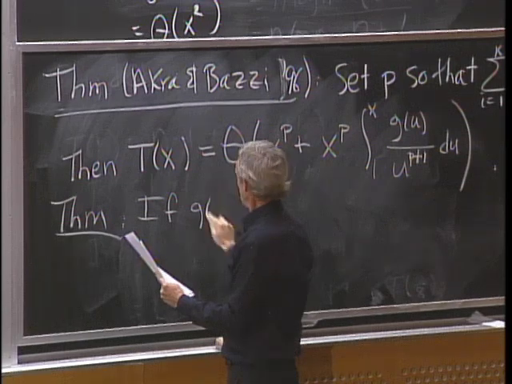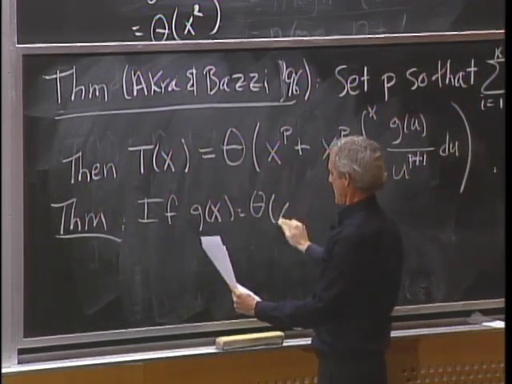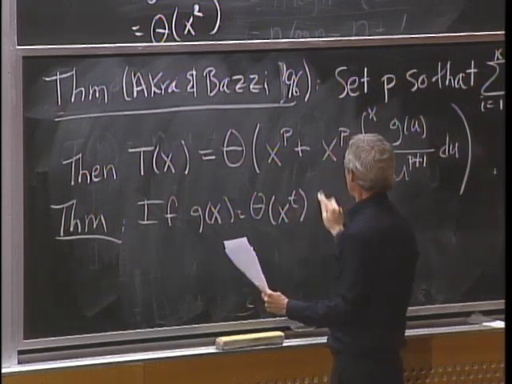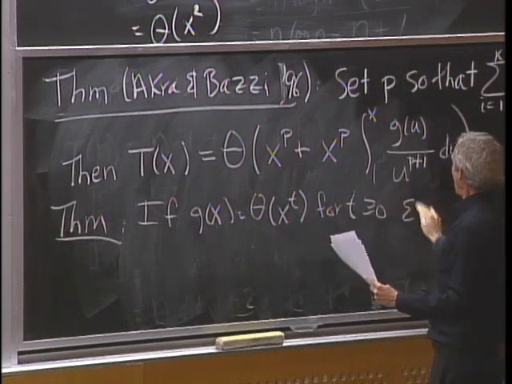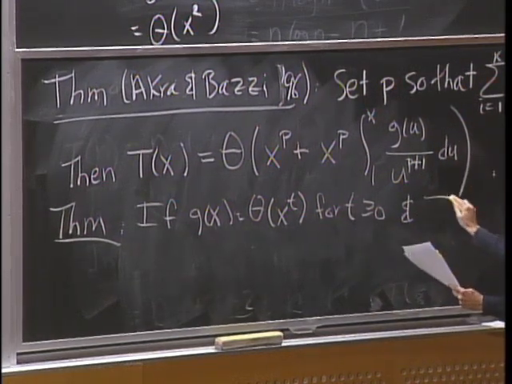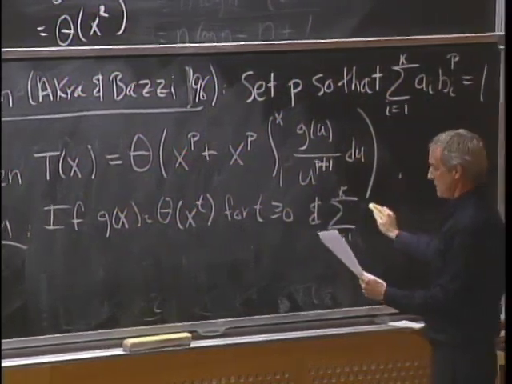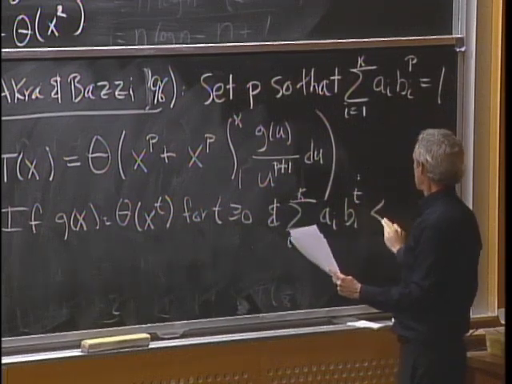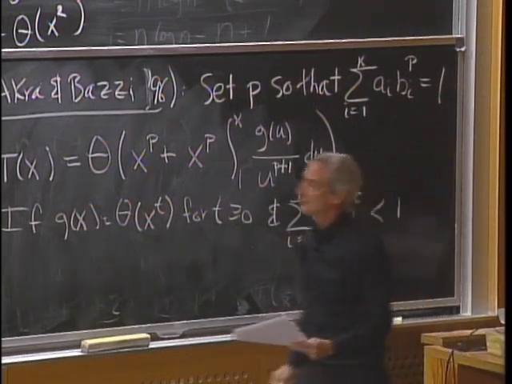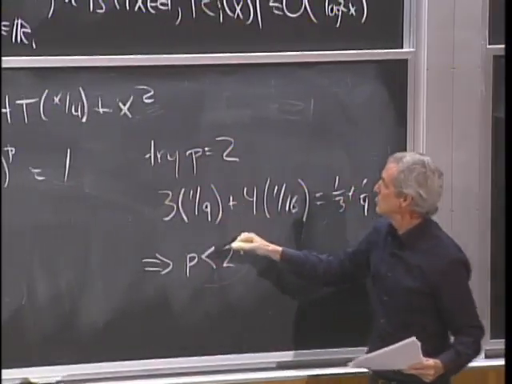If g of x equals theta x to the t, for some t bigger than or equal to 0, and when you plug that value in and take your sum, trying to compute the p-value, so I take a i times b i to the t, and that comes out to be less than 1, like it did here when I plugged in p equals 2.